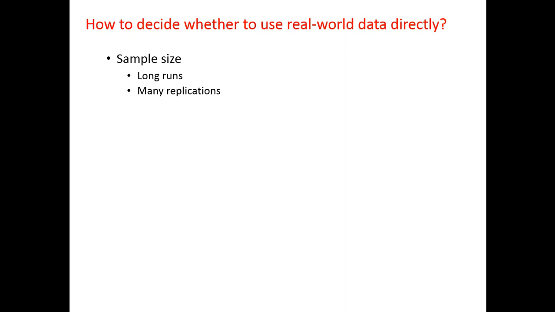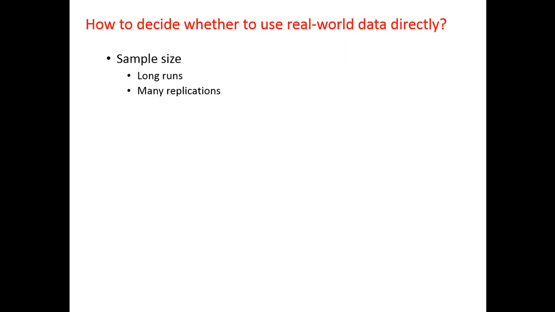So generally we want larger sample sizes when we directly use the real-world data collected from the actual system. And this is mainly because we typically run very long simulation runs and also many independent replications, which means we're simply going to run out of observations as we're sampling from the actual collected data.